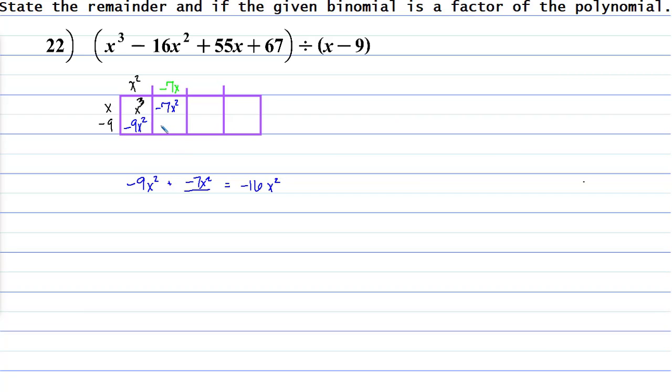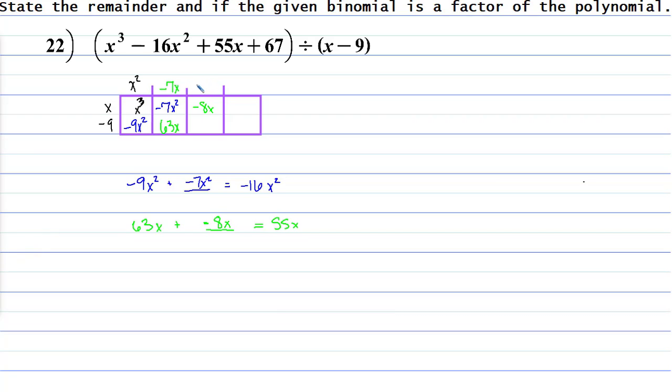And I multiply to come down. And so when I multiply to come down, I get a positive 63x. So 63x plus something is equal to 55x. That something needs to be a negative. And I need to subtract out 8x. So negative 8x.